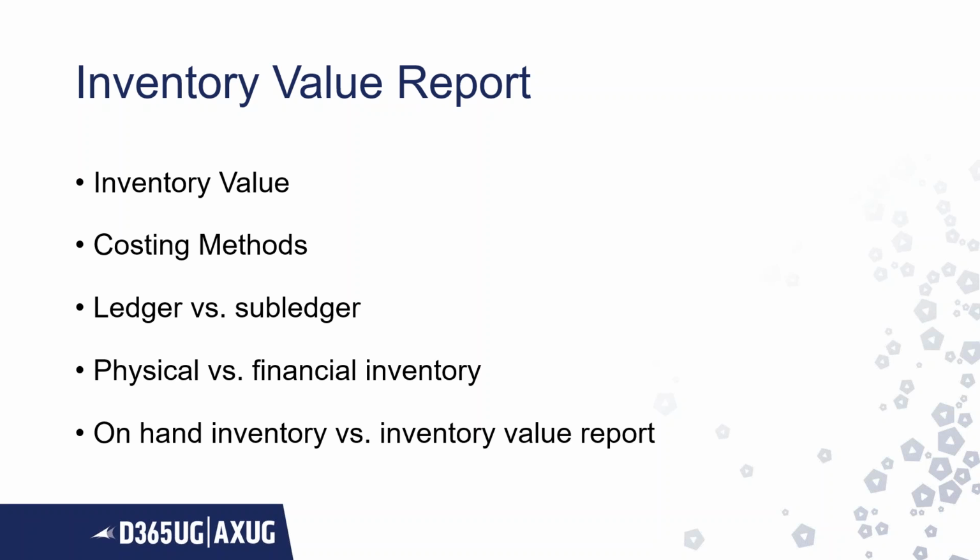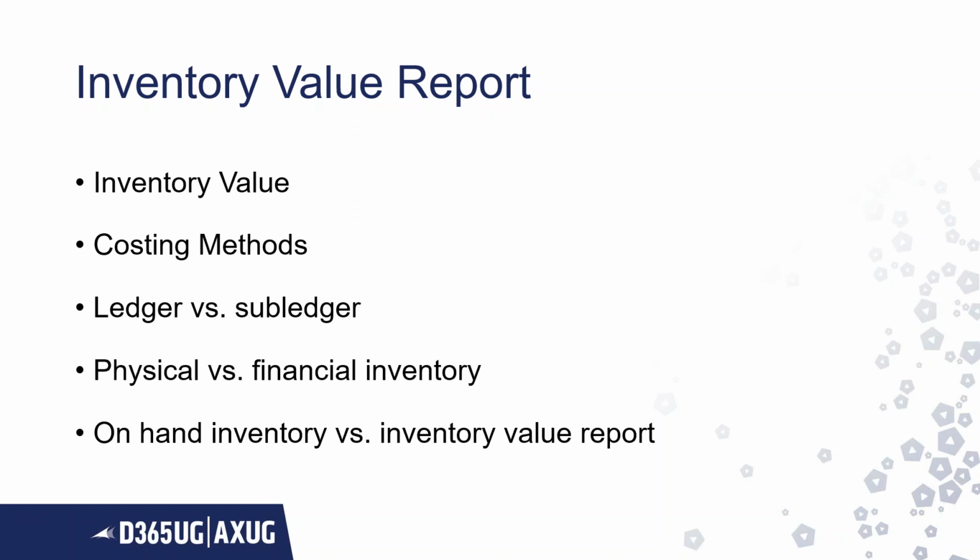So we're going to kick this off just before we dive into actual demos with just a little bit of background on the inventory value report and some useful information. So first thing, what is the inventory value report in Dynamics AX? Not to state the obvious, but the inventory value report tells us the value of our inventory at a given period, a given time period.